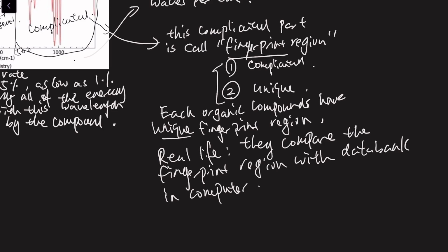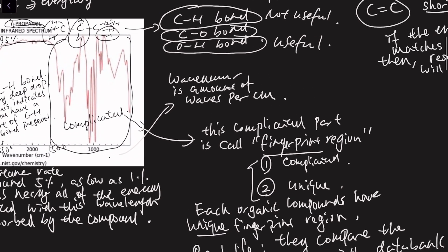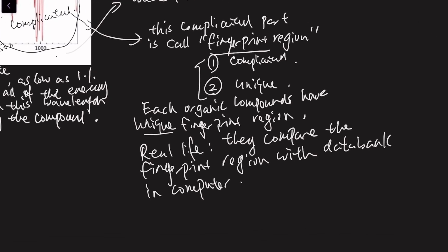Whenever you obtain an infrared spectrum, you compare the fingerprint region of the spectrum with what we have in the computer's data bank, and then the computer will tell you which substance it is. So it's really like the fingerprint of a person. You can use the fingerprint and compare it with data stored in a computer to tell which person you are.